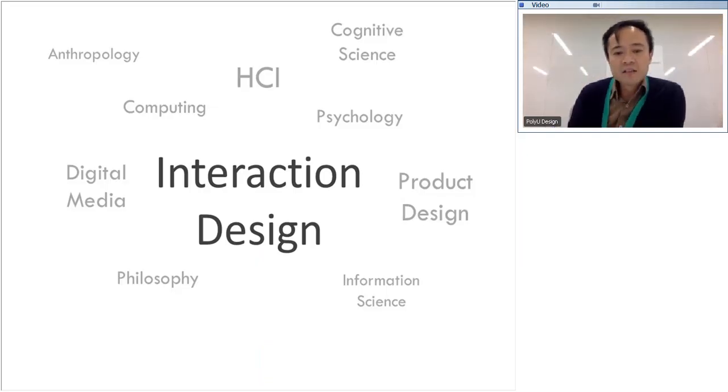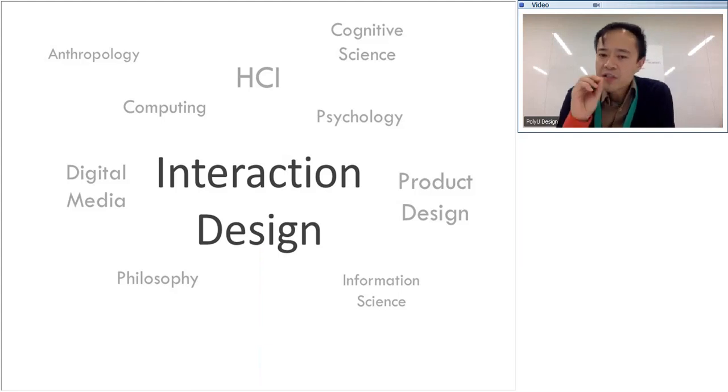You can see that there's a lot of different disciplines revolving around interaction design. Traditionally, interaction design is an area from so-called human-computer interaction. But after some time, we already aware that interaction is not just emerged between computers and humans.